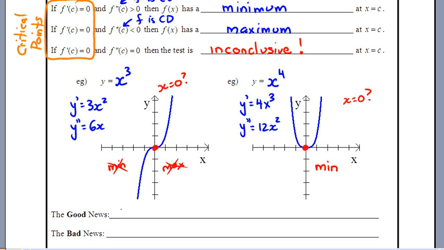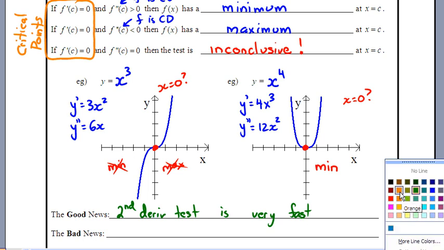The good news is if you do go this way, the second derivative test is very fast. The bad news? Sometimes it fails.